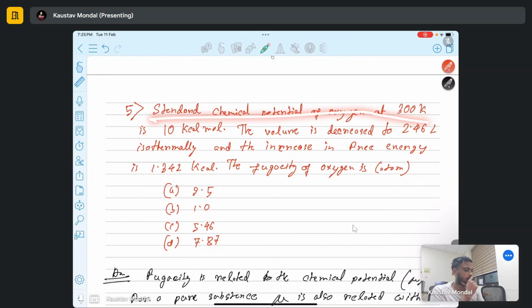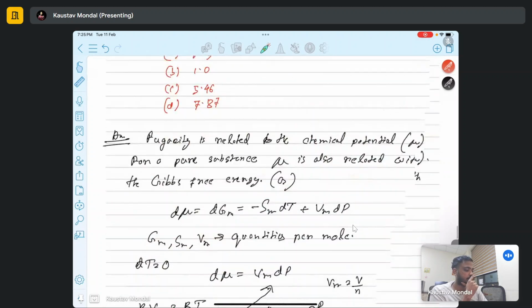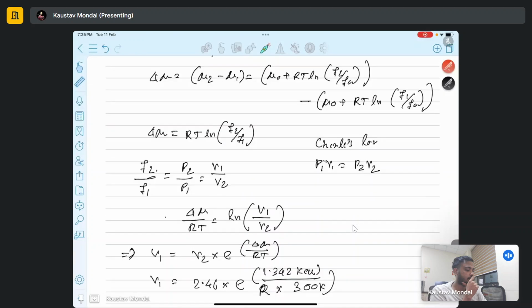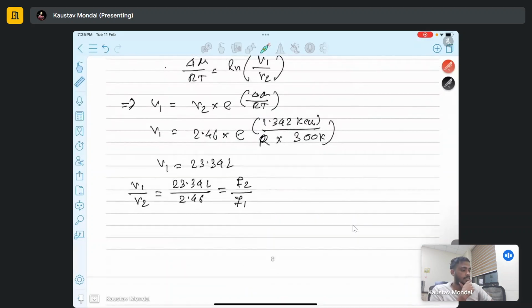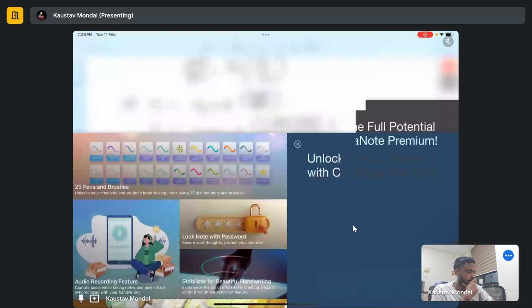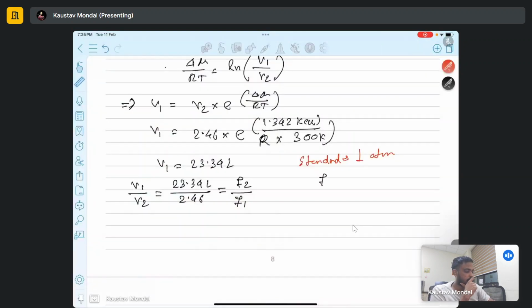Standard means initially, the pressure is standardized to 1 atm. That basically signifies the standard case, 1 atm pressure. So we can approximate F1 equal to 1 atm.